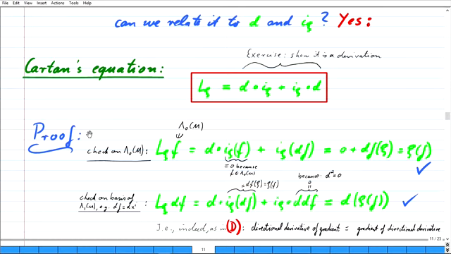Because then, by linearity and the Leibniz rule, everything is the same. So I'm assuming here that you've already, in your own time, checked that this is a derivation. Now, let's check on 0 forms. Here we have the Lie derivative acting on a function.